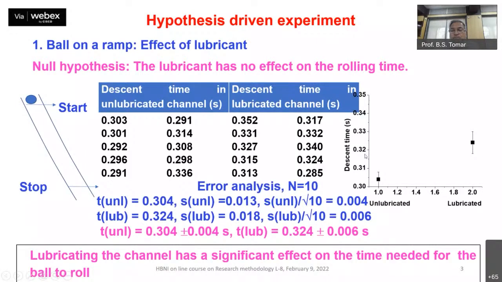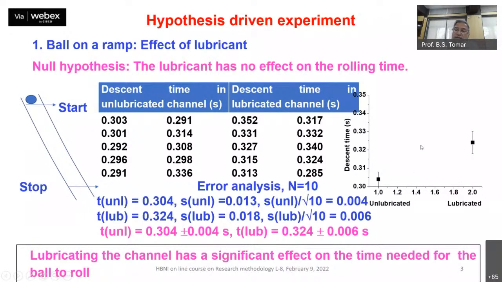You can also plot the mean values and the standard deviation for the lubricated and unlubricated cases. This is the advantage of putting error bars: with error bars, they are not overlapping, so they look to be distinct.